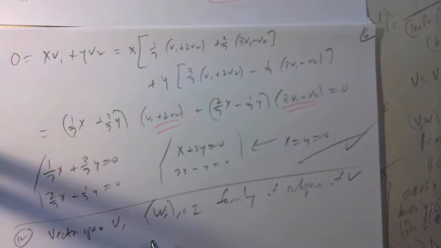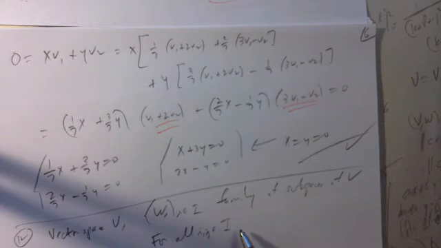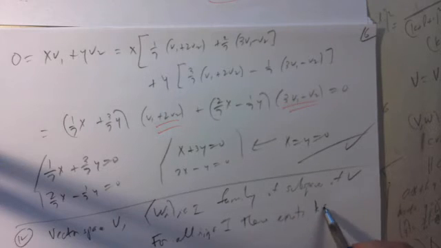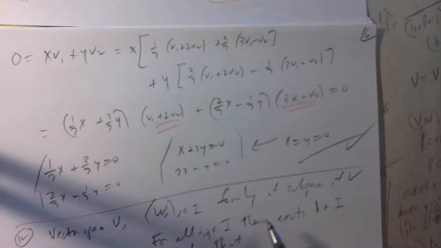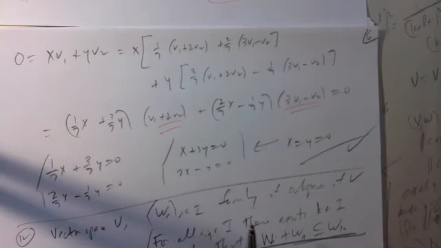So we have the condition that for all i and j in the index set I, there exists a k in I such that Wi plus Wj is contained in Wk. We have this condition.